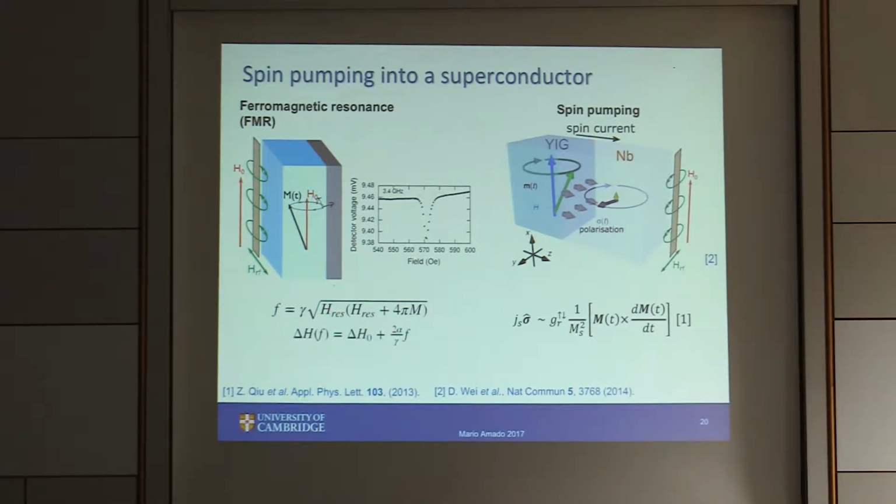From the Kittel relation, you can establish the magnetization from the position of the resonance. And from the width of this resonance, you can estimate the Gilbert damping parameter, which is nothing else but the capacity this material has to pump spin electrons to the next layer.